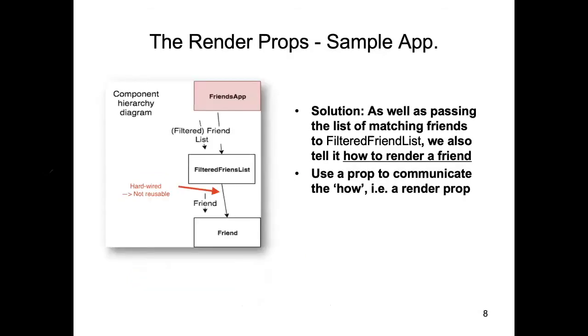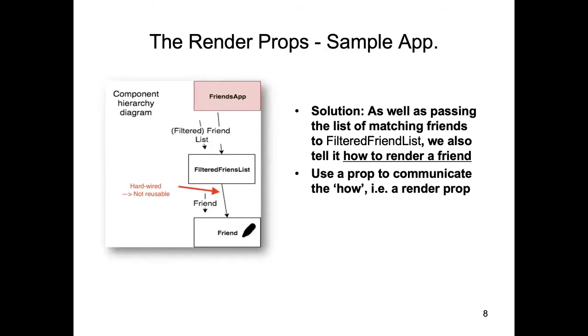Now, we know from the previous lecture that this was the design that I gave you. But the problem with the design is that this relationship here is hard-coded, which means that the only way this component is going to work is by rendering friends as they are encoded in this particular component.